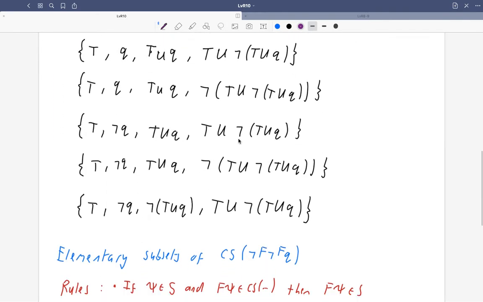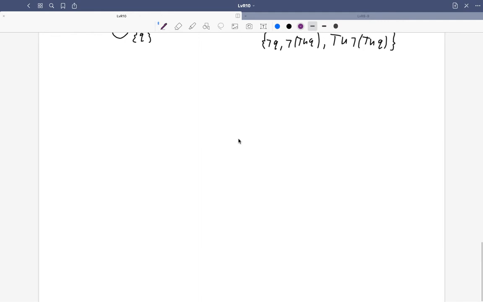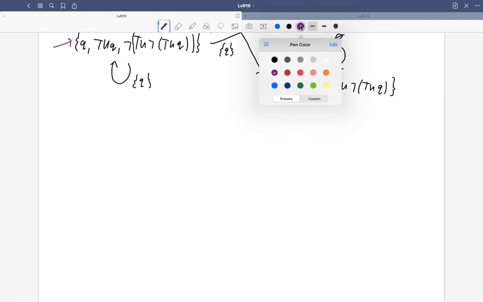So let's use some colours for them. So I'm going to have, let's say, green and orange.